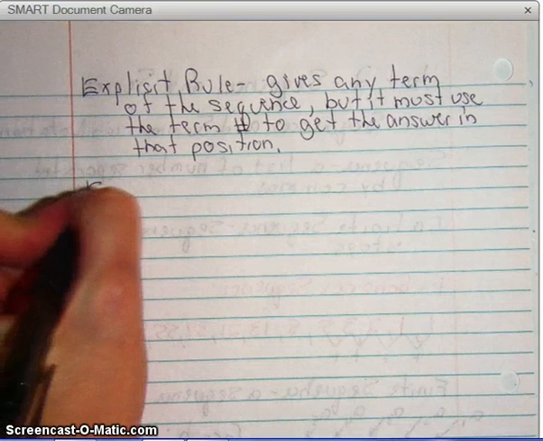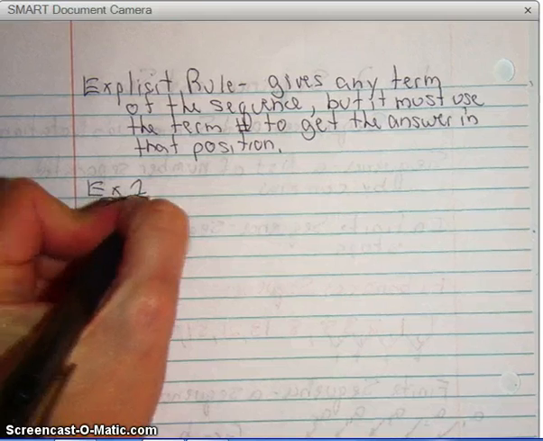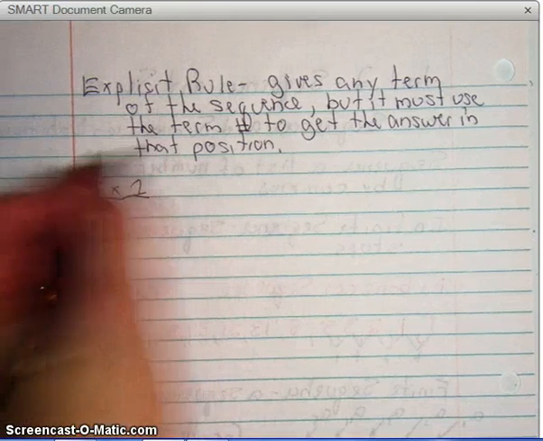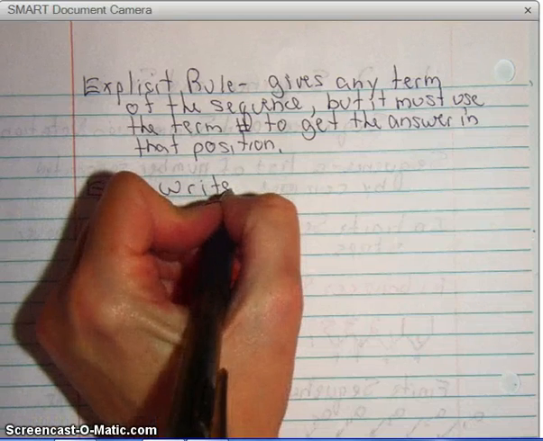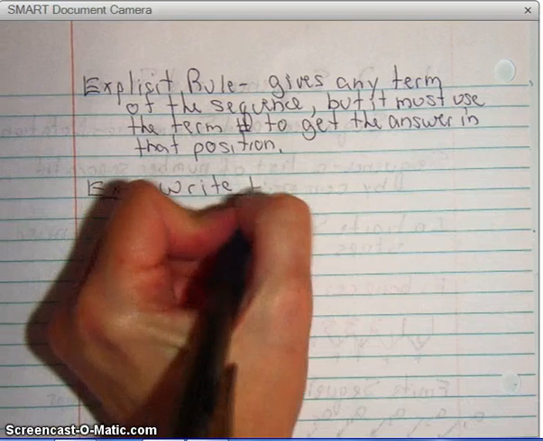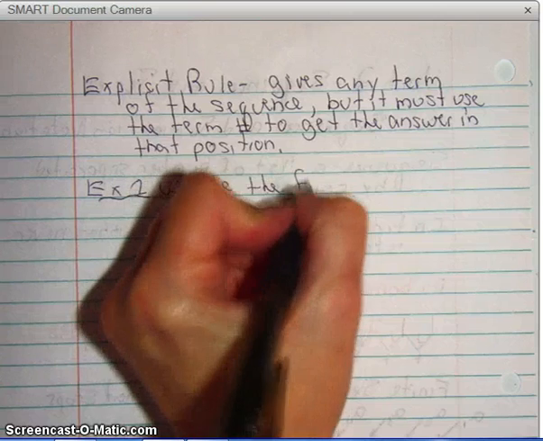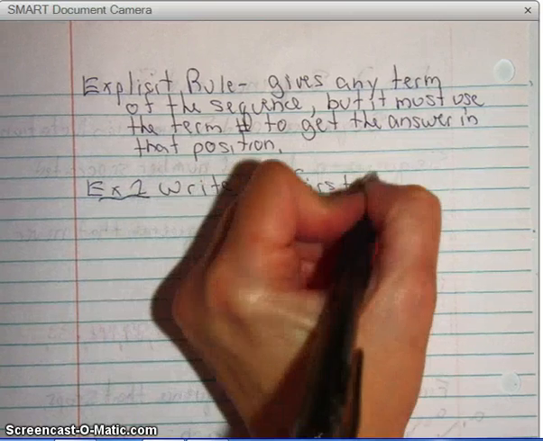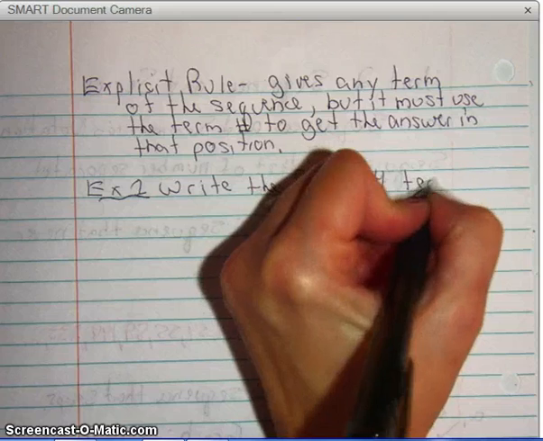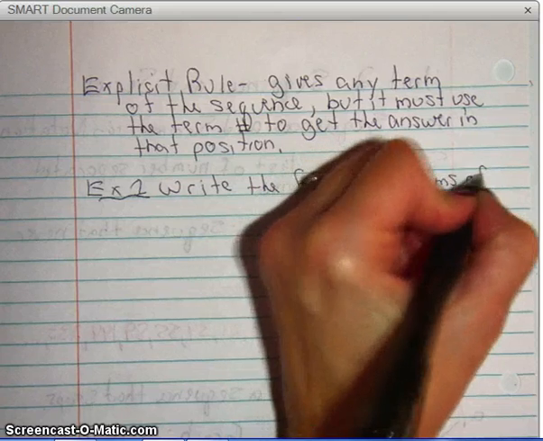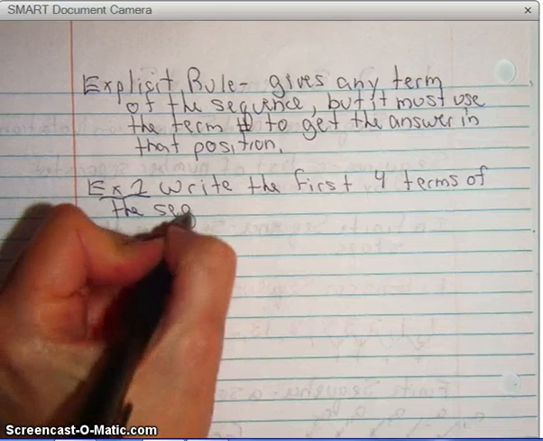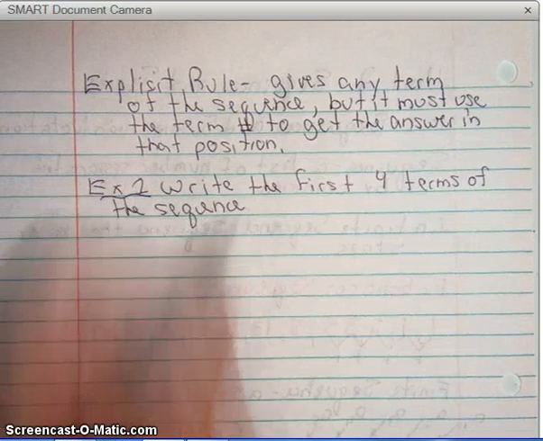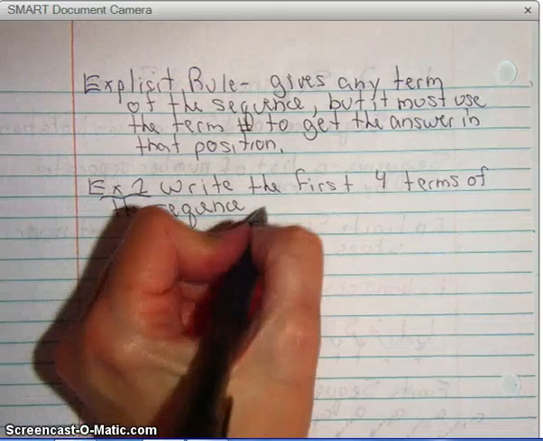So example 1. Write the first 4 terms of the sequence, given the explicit rule.